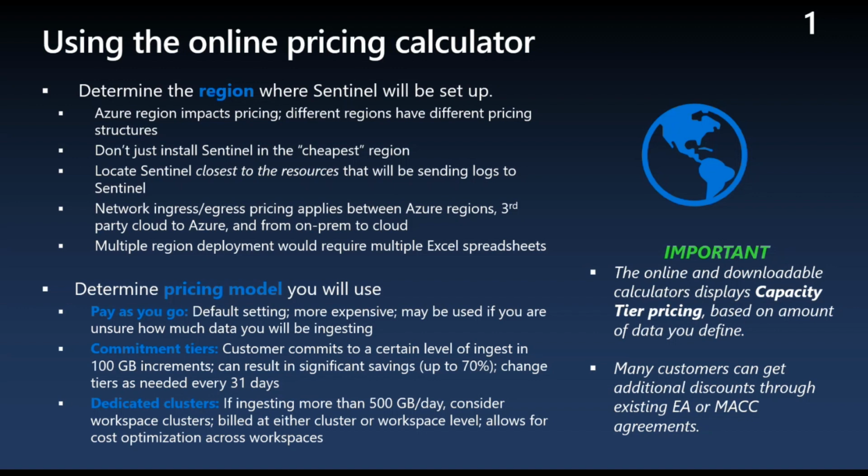So a MAC agreement is basically that a customer buys in advance a set dollar amount for Azure consumed charges, right? So they're saying, I commit to spending $1,000 this year with Microsoft Azure, and they can apply that to different workloads, including Sentinel. So that MAC agreement may help them to reduce the amount of money that they spend on Sentinel, and that isn't reflected in the pricing calculators.